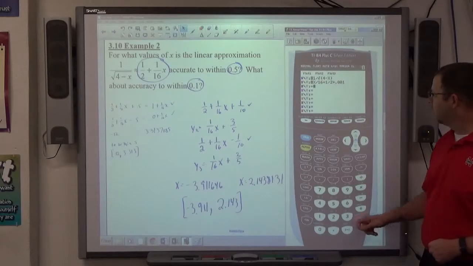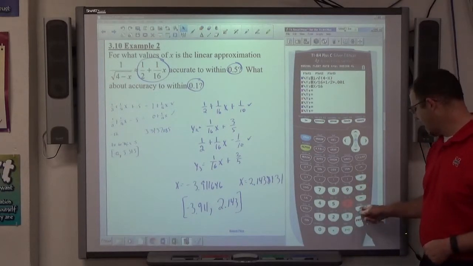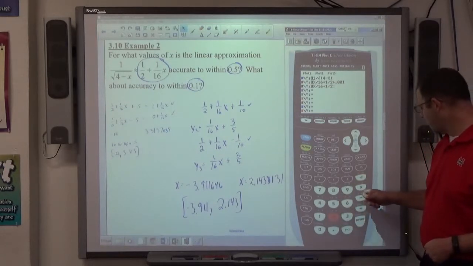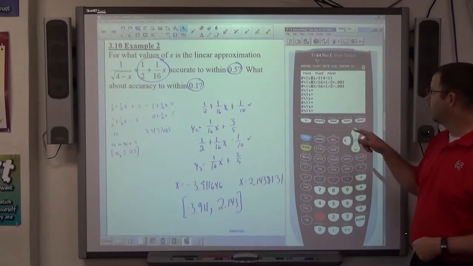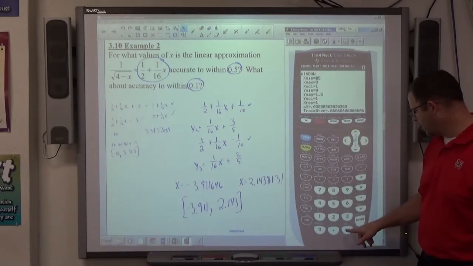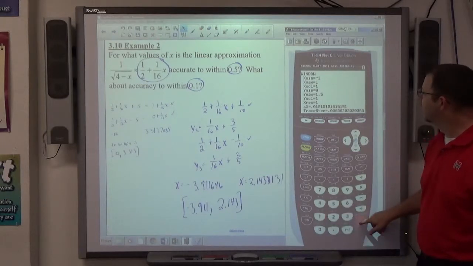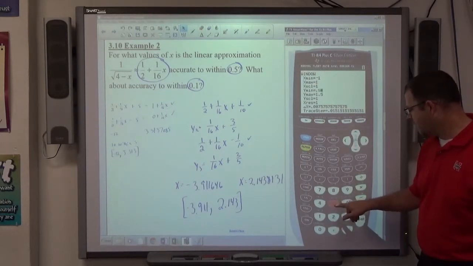And then if I do x/16 plus a half minus 0.001, and that's going to be a really small tolerance there. So I'm going to set my window really tiny here. So I'm going to go from -1 to 1, and from 0.45 to 0.55.